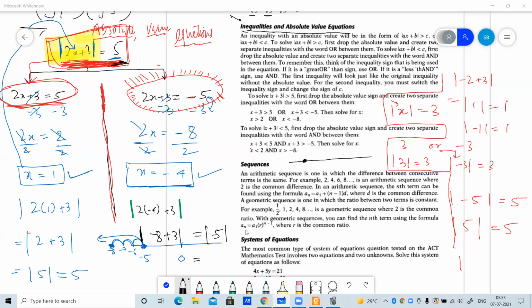What will be now the absolute value of negative 5? You got the answers as 1 and negative 4. That's right. But if in the question you reach the point where you have to calculate the absolute value of negative 5, how much will it be?